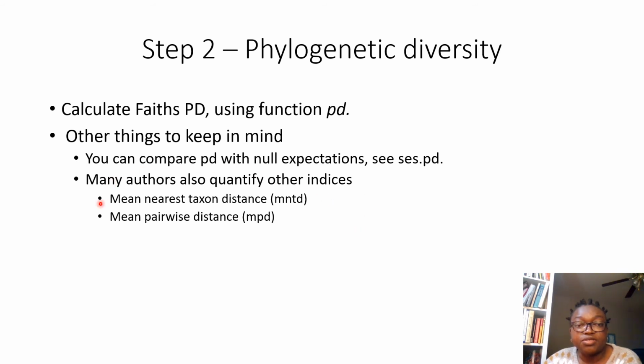But then, there are other types of indices that people measure with phylogenetic diversity. There is the nearest taxon distance as well as the mean pairwise distances. And these are all specific to the type of questions you're asking.